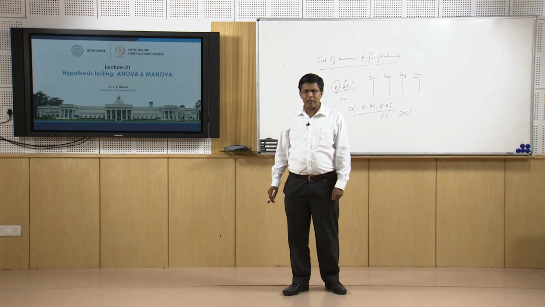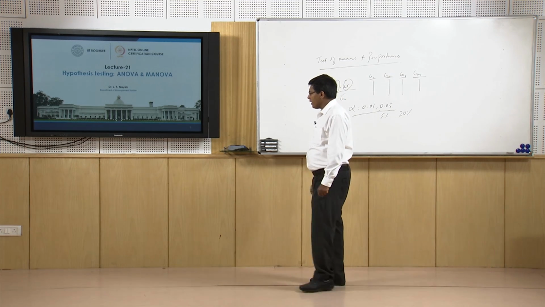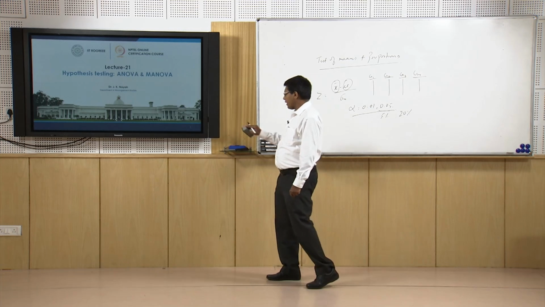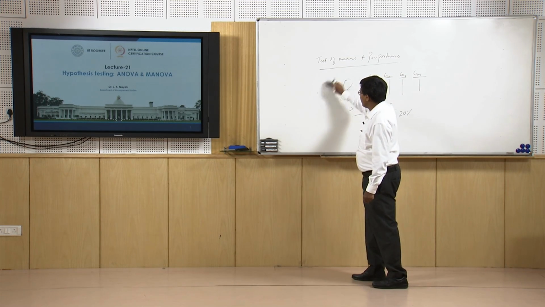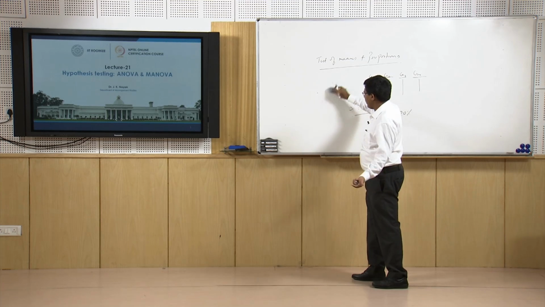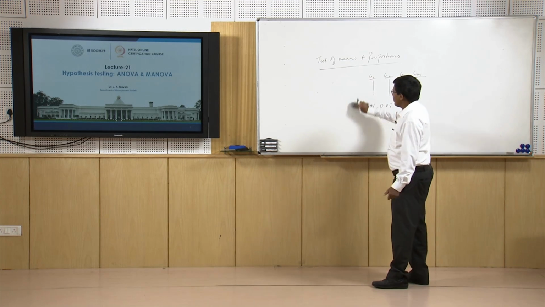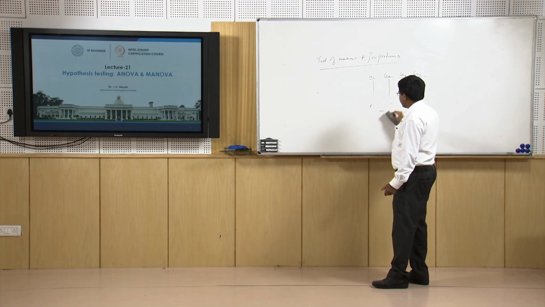To avoid this situation, Fisher, the founder of this technique, came up with a method other than multiple tests, and he said we could do it by studying the variance.